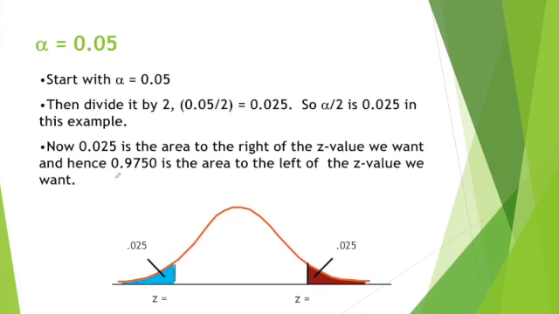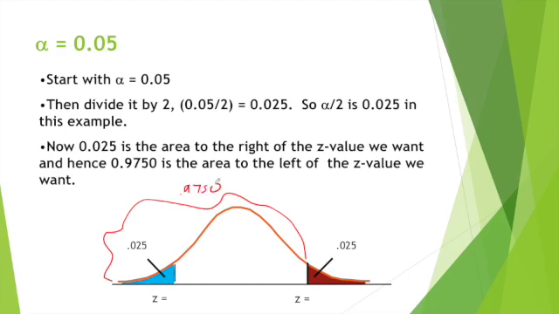Now 0.025 is the area in blue right here, so to the left of the z-value we want. And that means we're going to have 0.9750 in the area to the left of the z-value we want, right? Over all of this, right here under this, what was supposed to look like a bracket, is 0.9750.